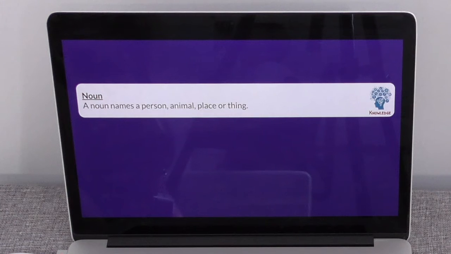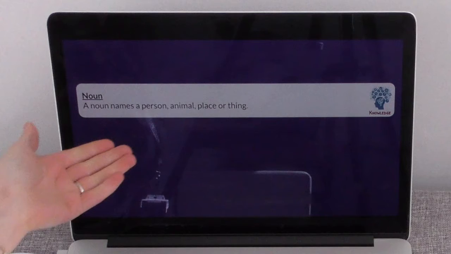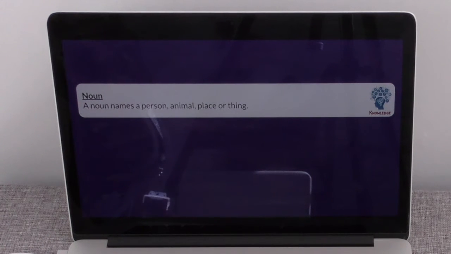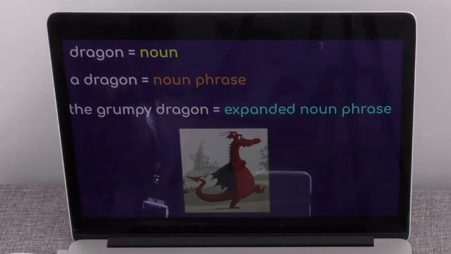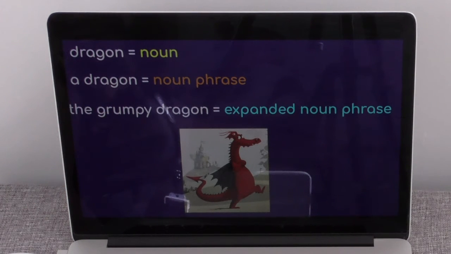We have got some knowledge here. A noun names a person, animal, place or thing. And we are going to be looking at noun phrases today. So information about the nouns. The noun might be a person, animal, place or thing. A noun names a person, animal, place or thing. In our story, the dragon is the noun.